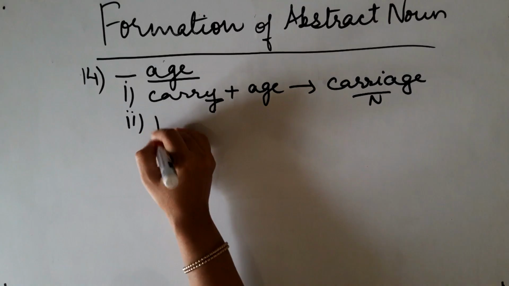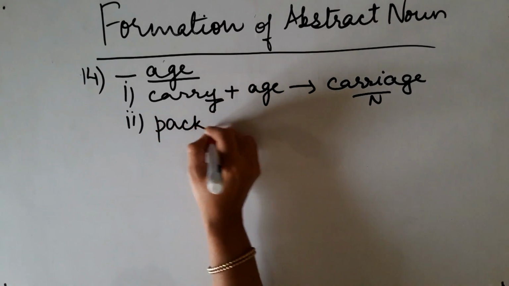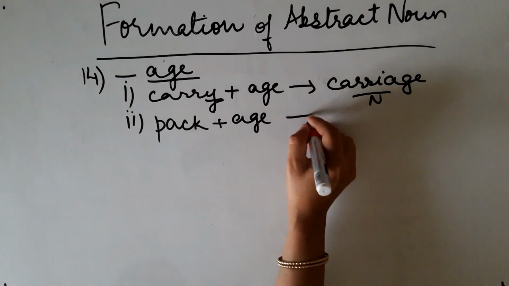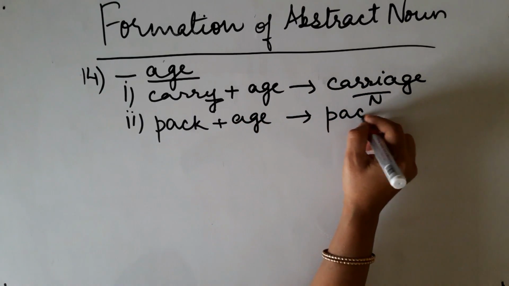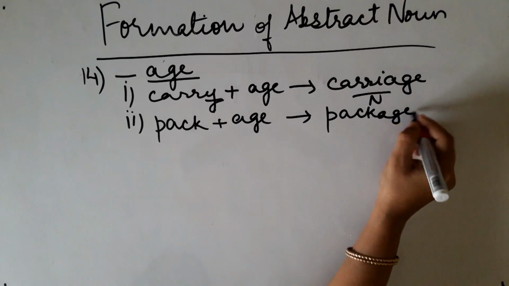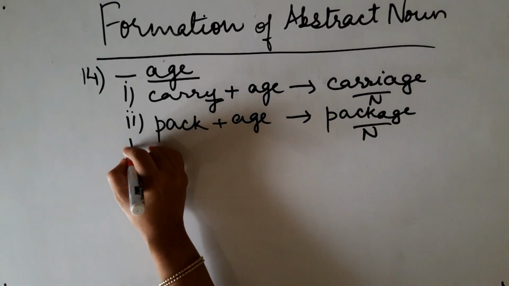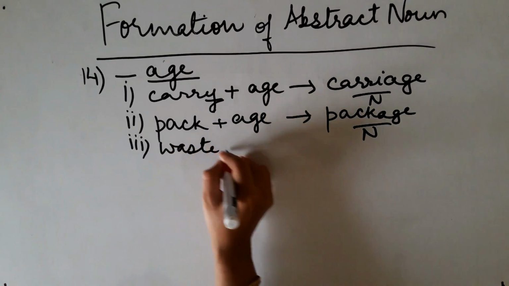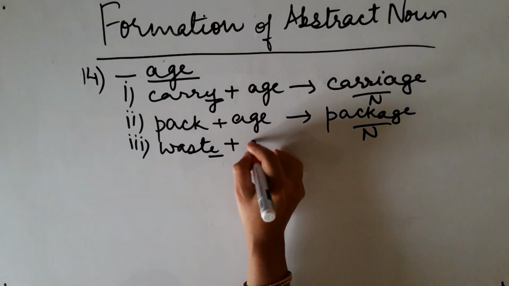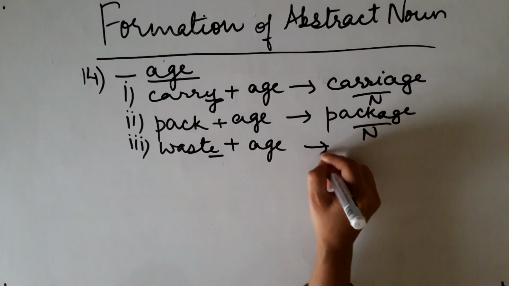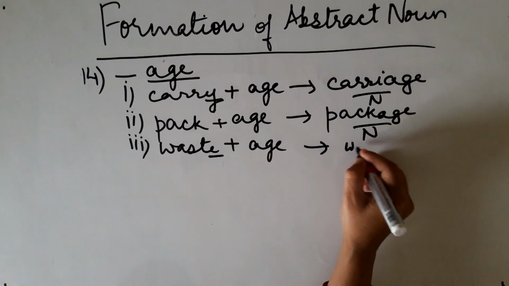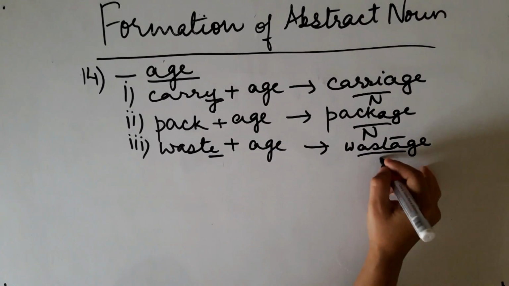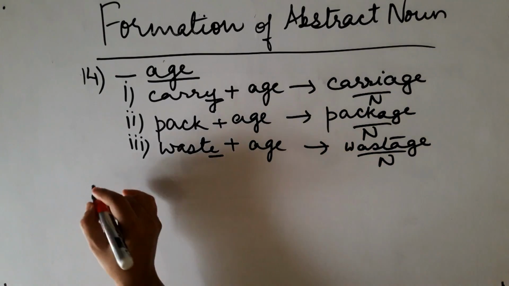If I have a word like pack, here we don't need to change anything, only add age. It becomes package, which is a noun. I have a word like waste. Again e is replaced and age is added, so it becomes wastage, which is again a noun.